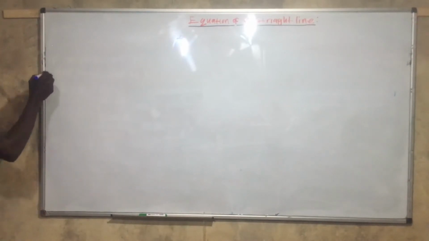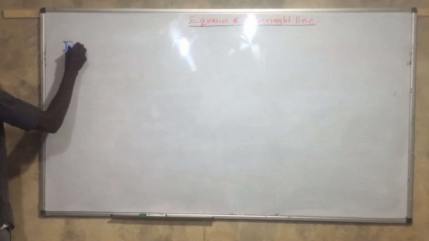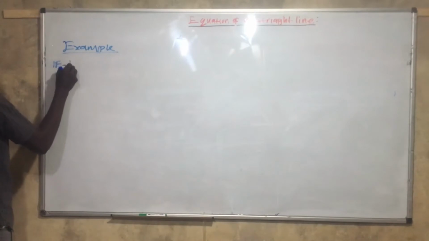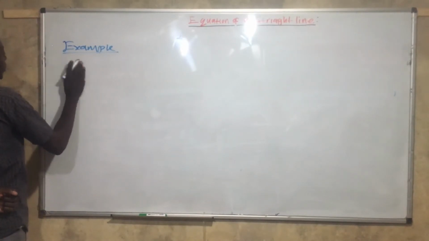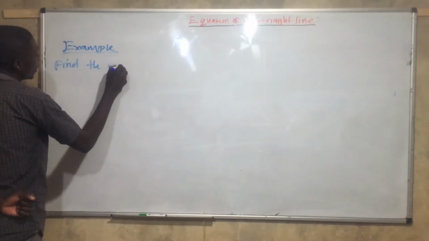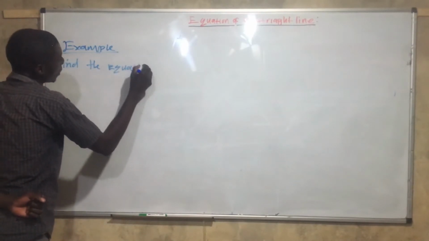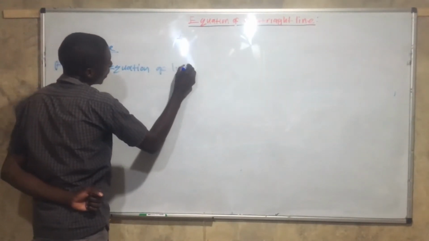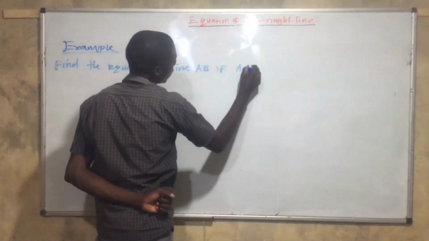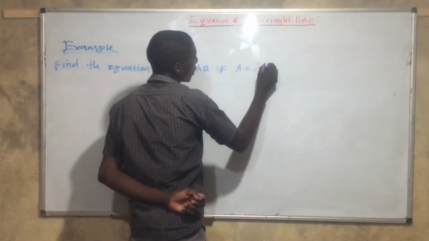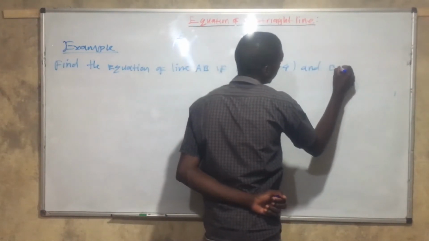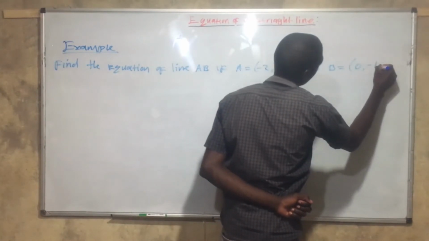Say I have an example: find the equation of line AB, if A is equal to (-2, -4) and B is equal to (0, -1).